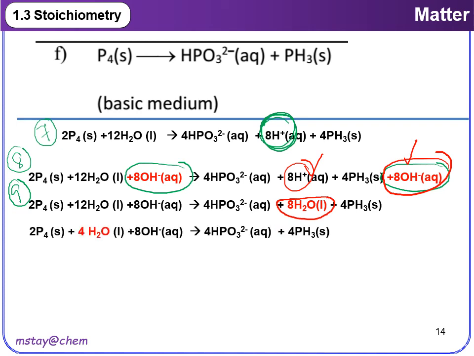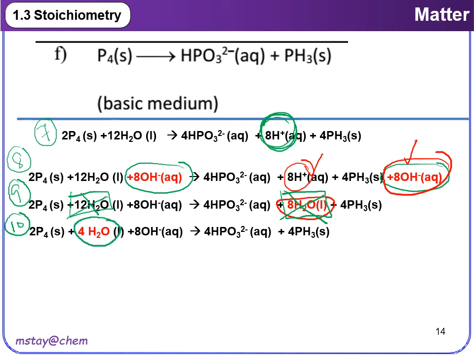Then step number 10, we are going to cancel out or combine the H2O. At step number 9, we have 12H2O at the reactant side, while at the product side, we have 8H2O. Because the H2O is on different sides, we have to cancel them out. After cancelling out 8H2O, we only have 4H2O left.